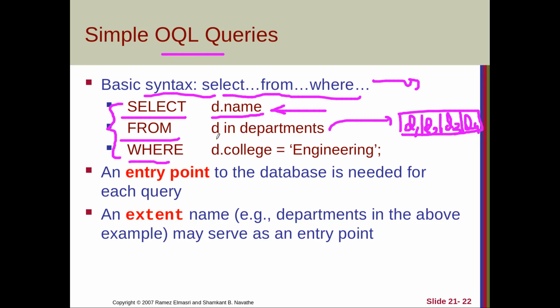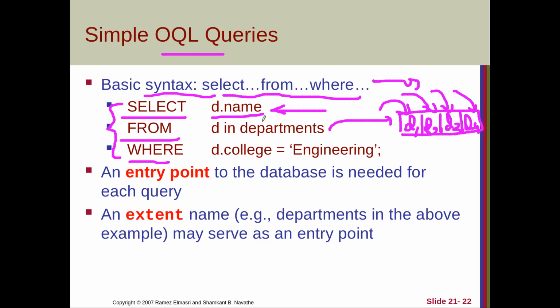So what is this D in departments? D in departments means we need to have iteration: first department, second department, third department, fourth department. At a time one department and its name. That is why we are using an iterator variable D here. We can call D an iterator. Select D dot name.